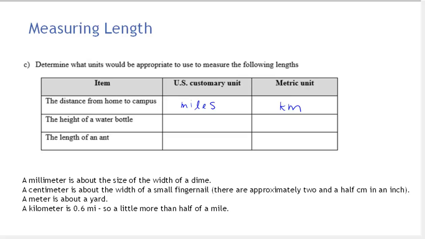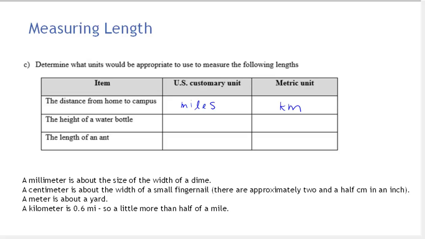Okay. Next we have the height of a water bottle. Okay, well, in US customary units, I hope you're familiar with these. If not, you should Google them as well. Okay, we might think of feet or inches. A water bottle is probably a little bit less than a foot. Okay, so think about a 1-foot ruler.